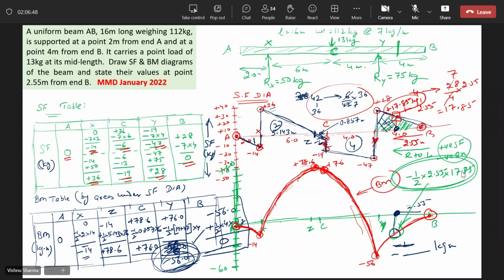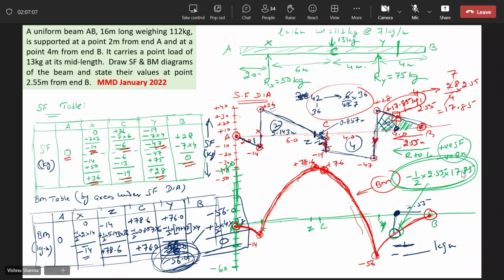Yes, sir. Okay. So guys, this is January 22 question and this is a reasonably good question. I don't know what percentage of it you have found yourself comfortable with, what percentage you are confused with.